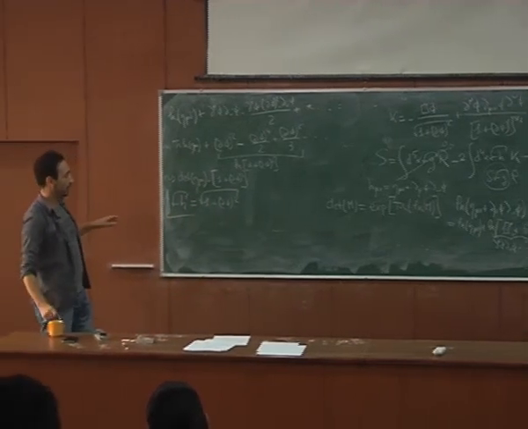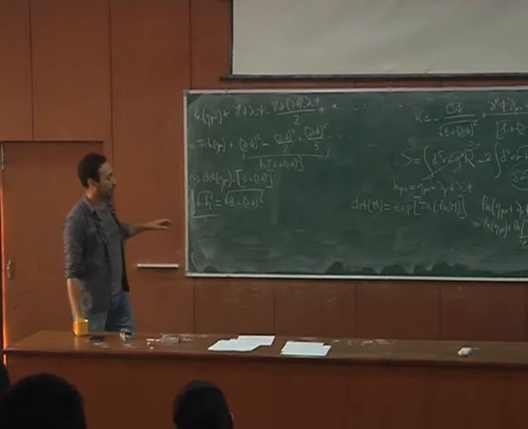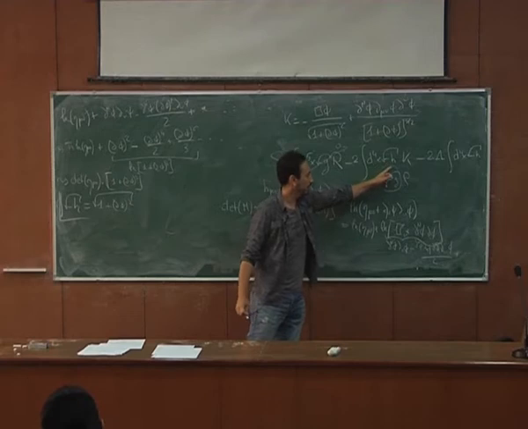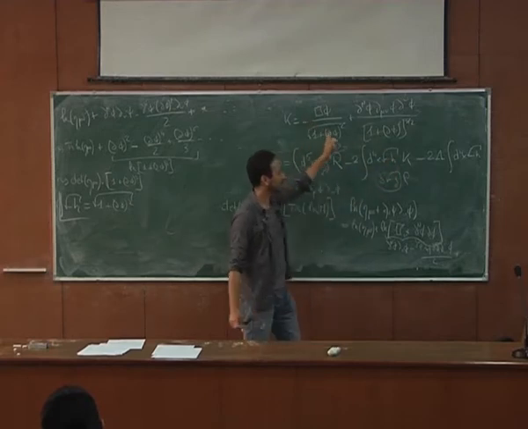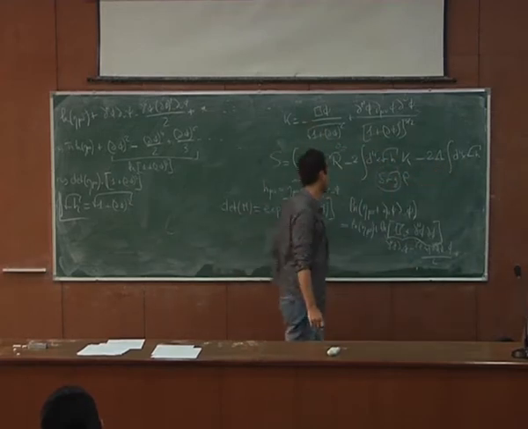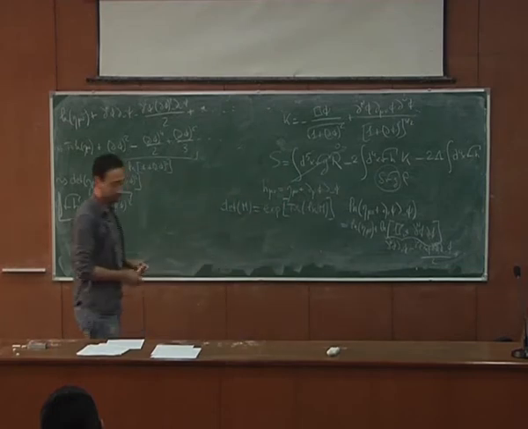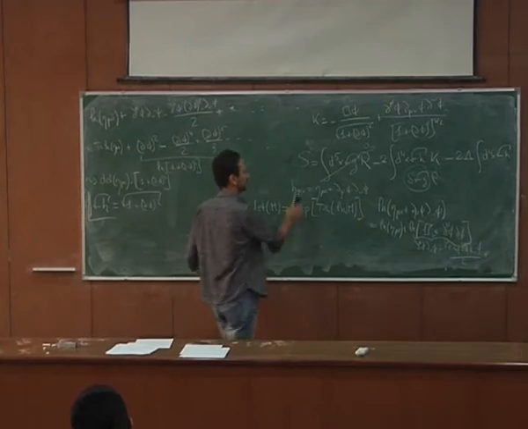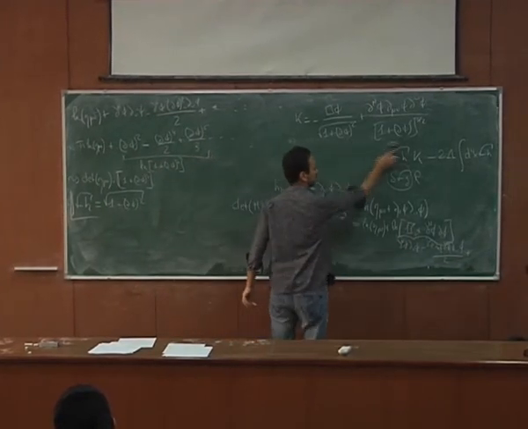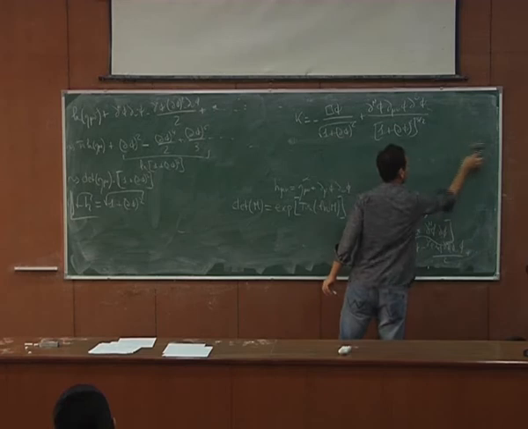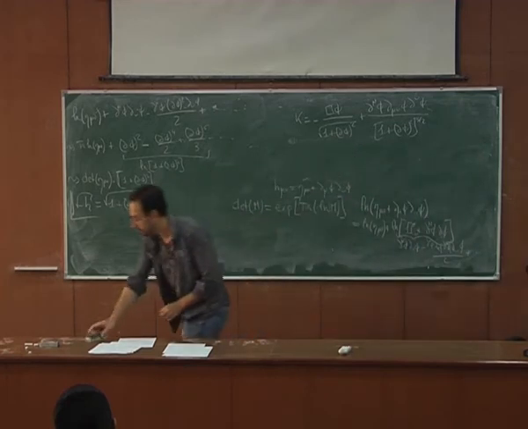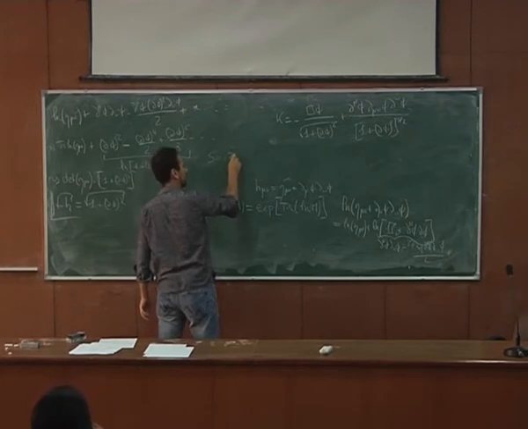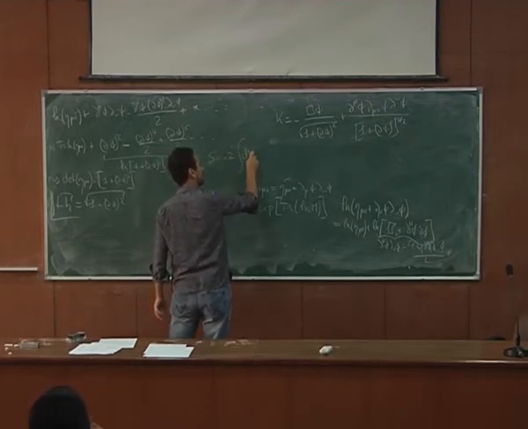Okay, so with this, we have everything. So now we can write our action, this action here. Square root of minus h, we have it, K, we have it, lambda, we have it. So we have our effective action. I just have to replace that. So our action becomes, there was a minus 2, d⁴x.